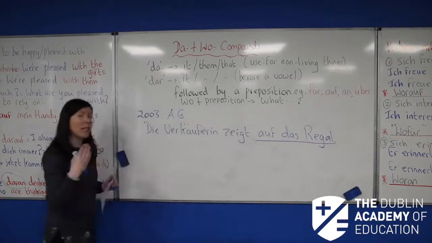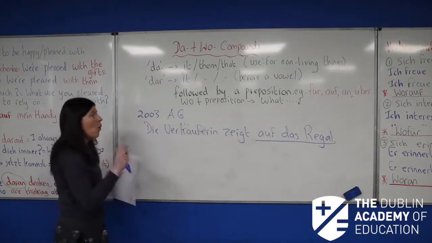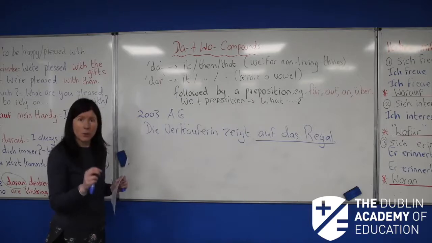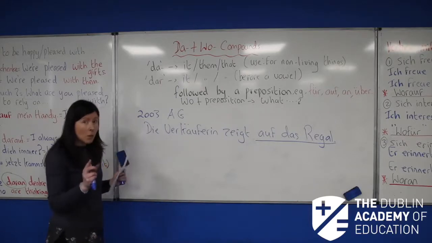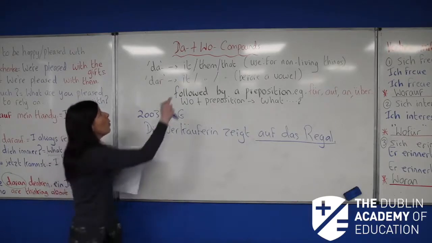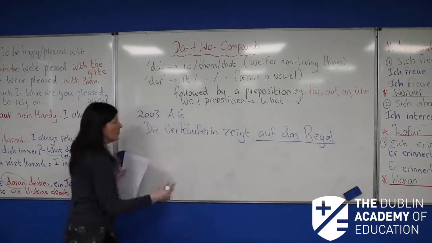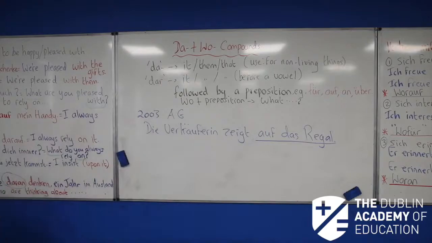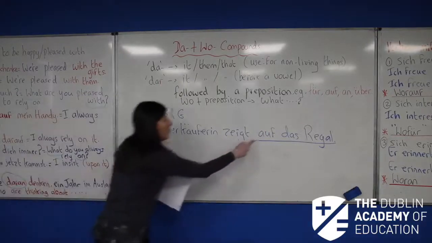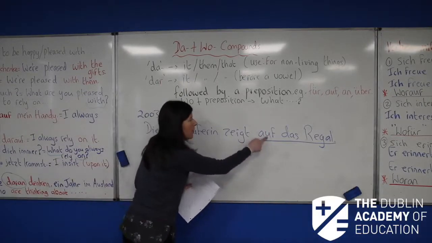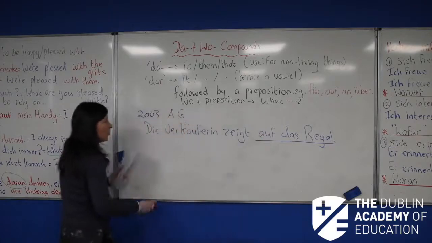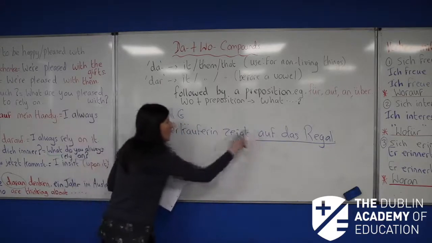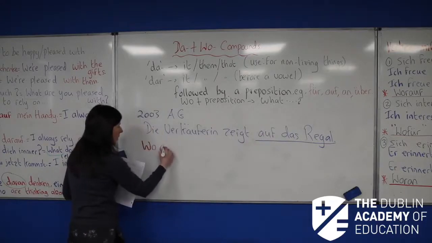So your question, thinking about it in English, should be, what does the shop assistant point to? So it's a what question. So we think of our vo compounds, okay? So we should be using vo in that. Why? Because we have the preposition. The preposition there, auf, will tell you that you should be using vo. Then I know auf is going to be included.